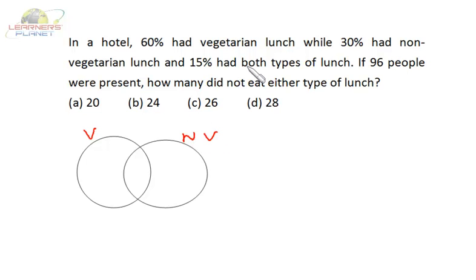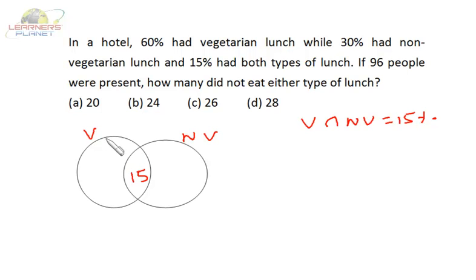Okay, 15% are having both the types of lunch. So this portion, that is A intersection B, that means vegetarian intersection non-vegetarian, is 15%. Intersection means the persons who are having both types of lunch, that is vegetarian as well as non-vegetarian.